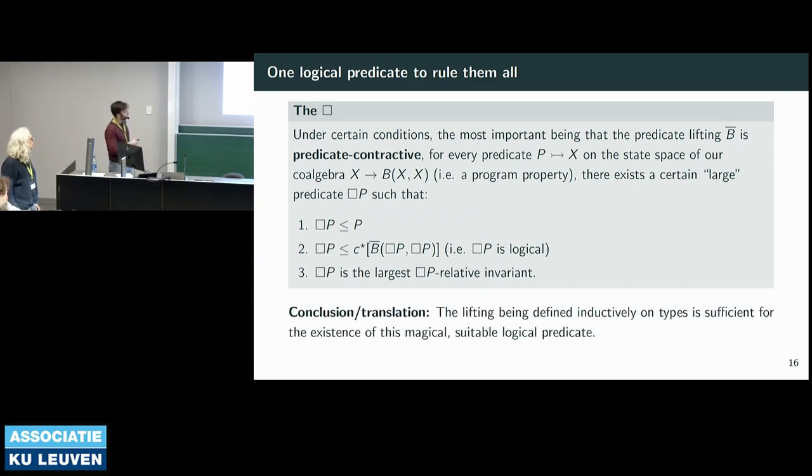If you have a coalgebra here, generally, which describes the behavior of terms in such a way that even B itself is inductive on types, basically, if you have a lifting which follows B, which it should, then for languages whose behavior is defined inductively on types, which is true for the lambda calculus, right?